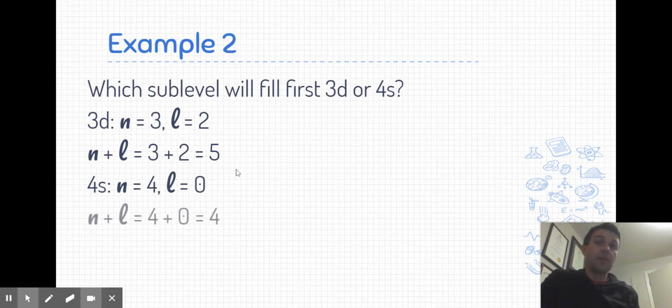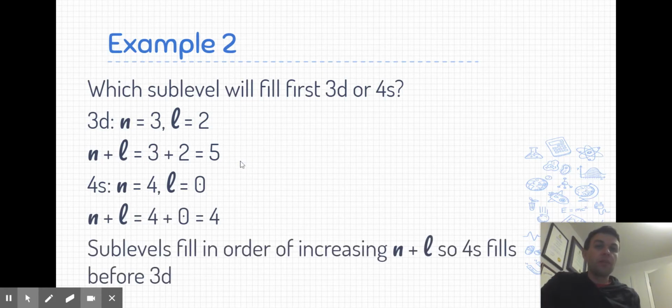So here, n plus L, 4 plus 0 equals 4. So here we have a case where the rule states that sublevels fill in order of increasing n plus L. So 4s fills before 3d. This is one of the prime examples where Bohr's model for the order in which energy levels fill breaks down.